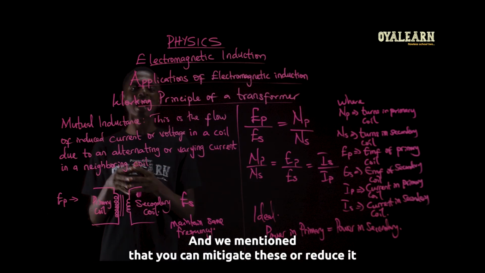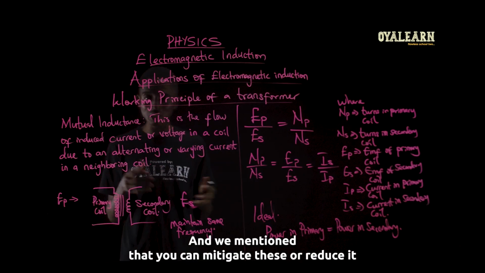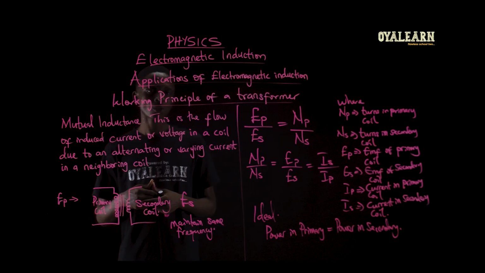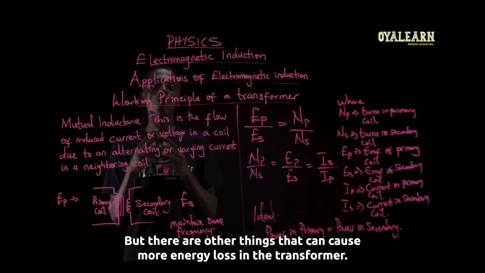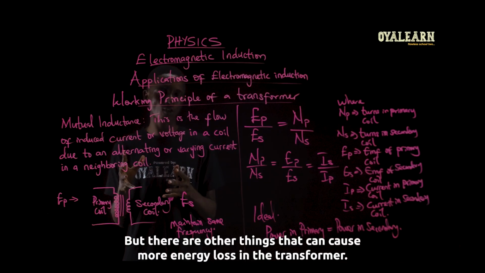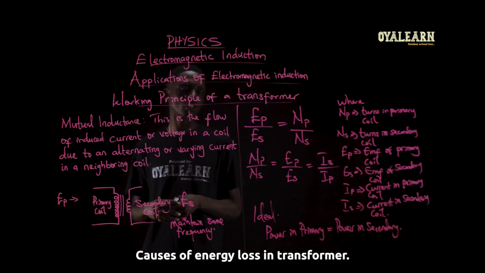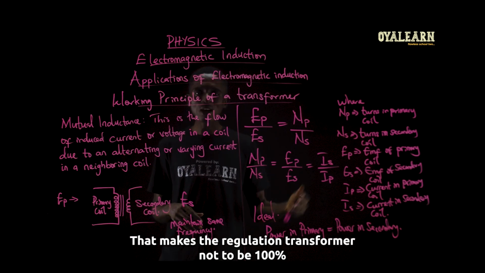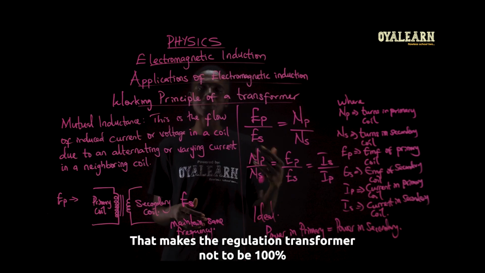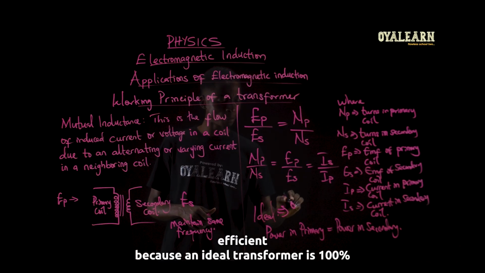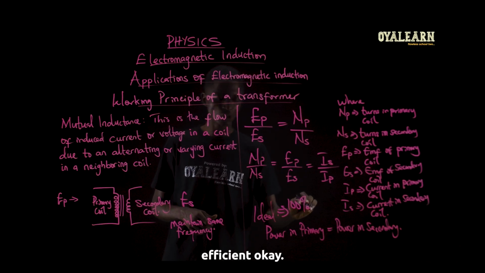And we mentioned that you can mitigate or reduce this by laminating the core of the transformer. But there are other things that can cause energy loss in the transformer. So let us look at these causes of energy loss that make the regular transformer not 100% efficient, because an ideal transformer is 100% efficient, okay?